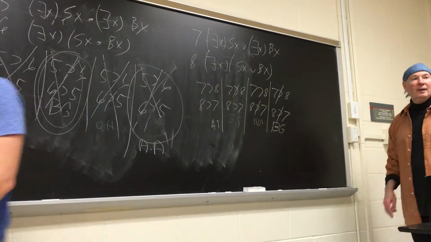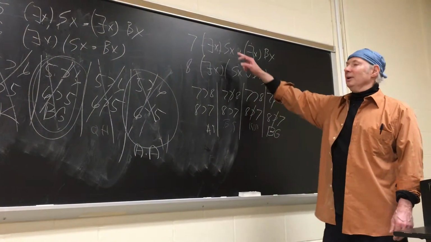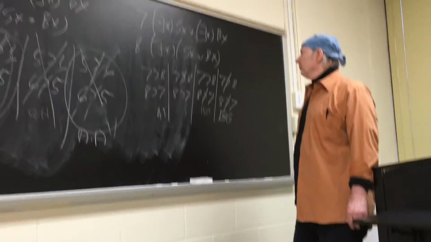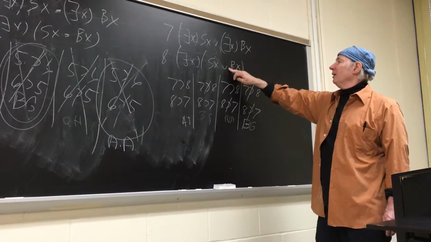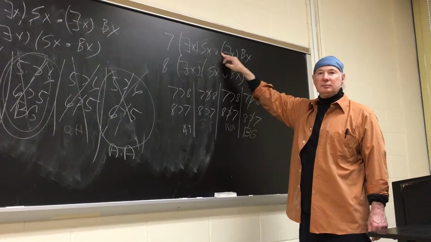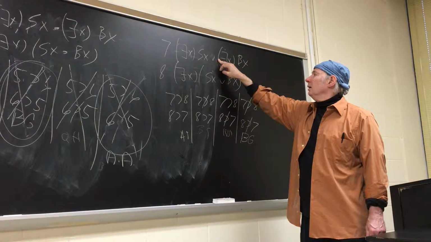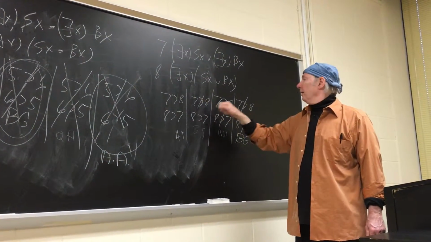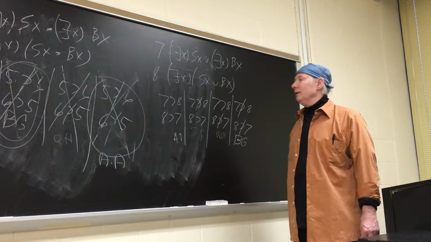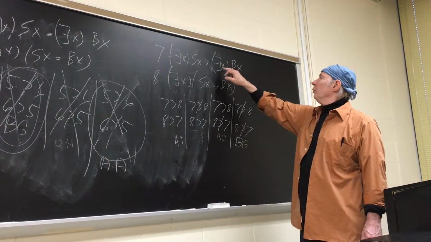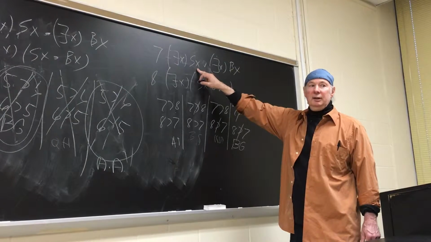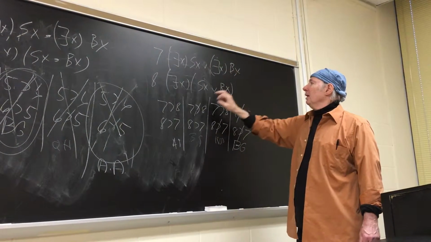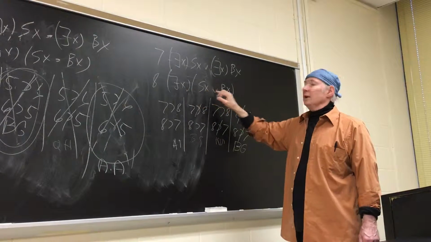Okay. And now let's see what the relations are between 7 and 8. So first we'll ask whether 8 follows from 7. If it doesn't, then that's ruled out and that's ruled out. So whenever something is sweet or something is bitter, does it follow that there's something that's sweet or bitter?